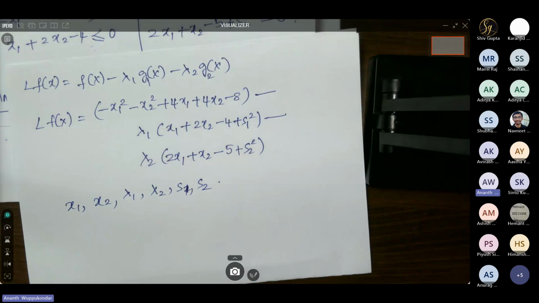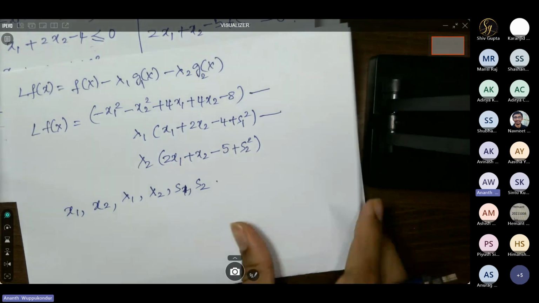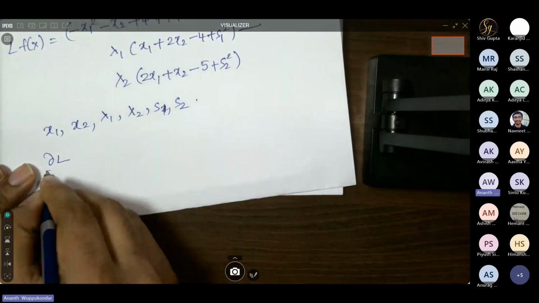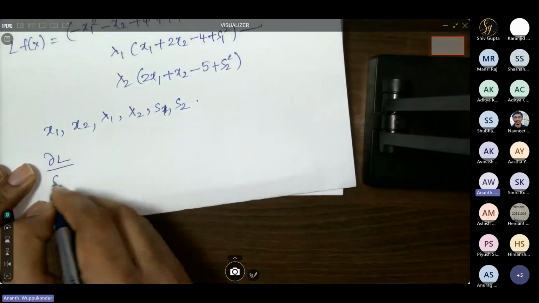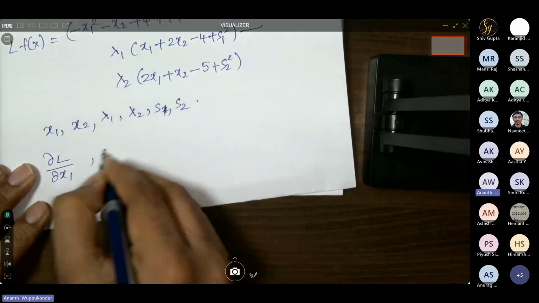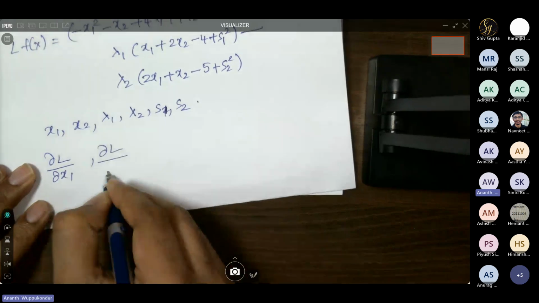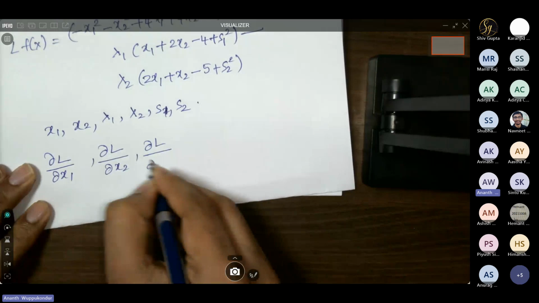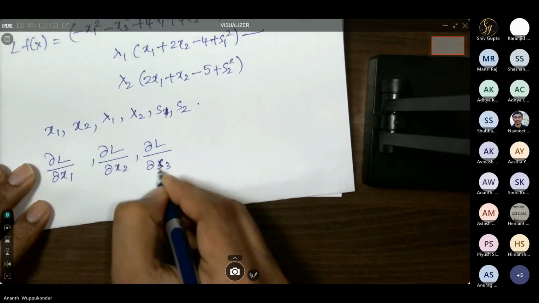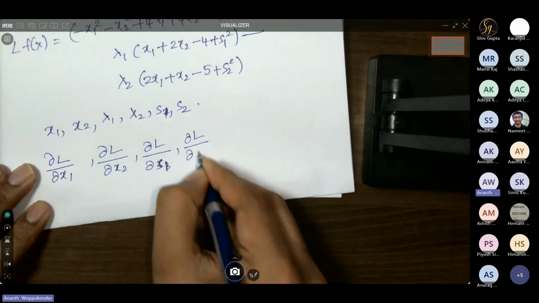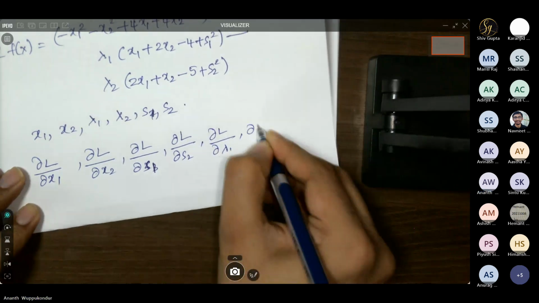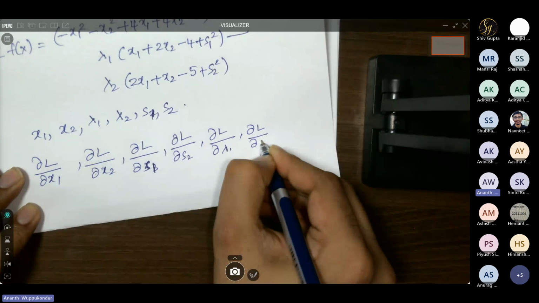Now, for all these 6 variables, we need to first take the differential. We need to take the partial differential of L with respect to x1, then with respect to x2, s1, s2, lambda 1, and lambda 2.